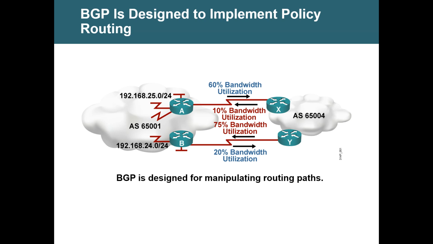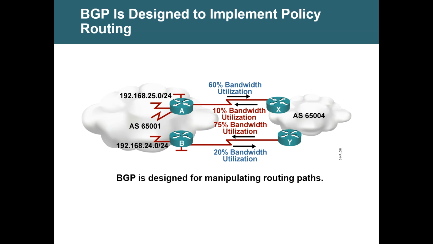From A towards X, you want to send traffic up to the limit of 60% of bandwidth. On that same link, the incoming should not be more than 10% of bandwidth utilization.